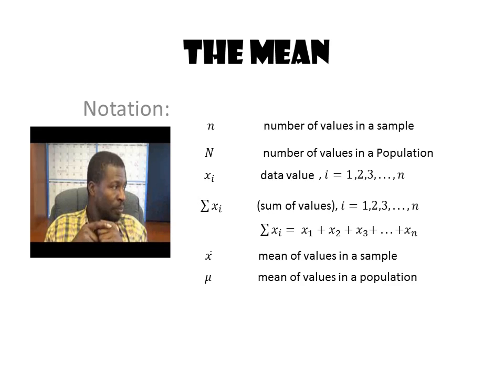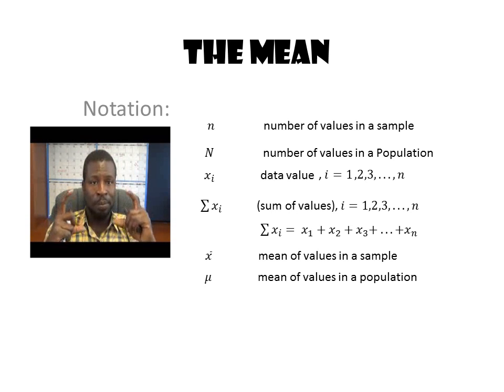The next one is mu. That's a Greek letter, and that represents the same thing as x bar, the last one. The distinction is x bar is what you use if your data set is representative of a sample, and mu is what you use when the data set is a population.